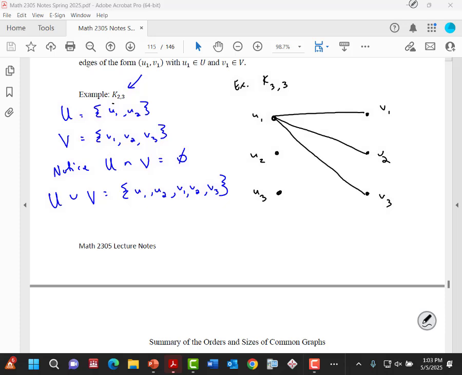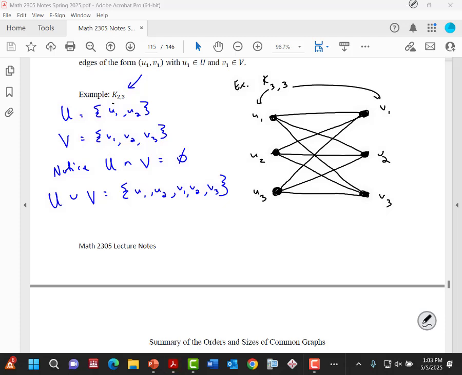So I can get from U1 to any V, I can get from U2 to any V, or I could get from U3 to any V. And so we would call this graph K 3, 3, the complete bipartite graph with 3 vertices in the first set and 3 vertices in the second set.